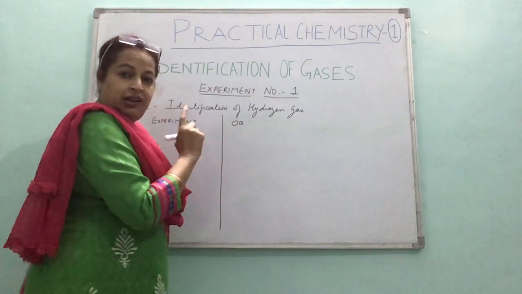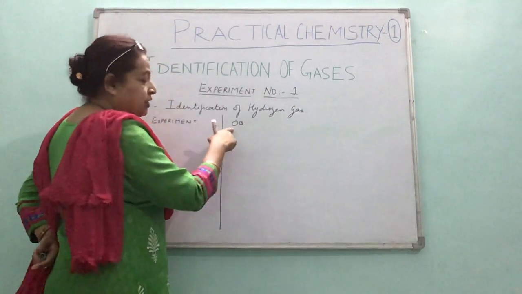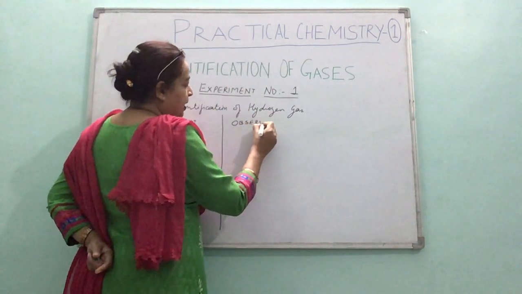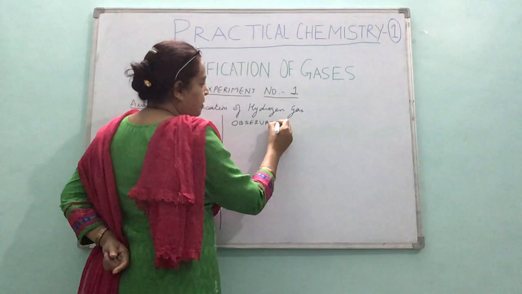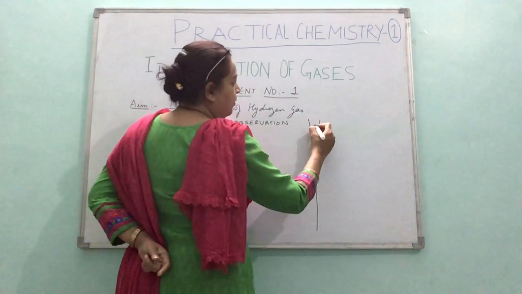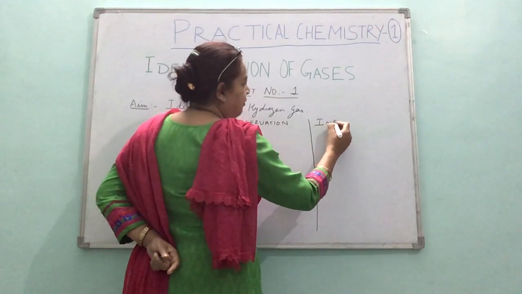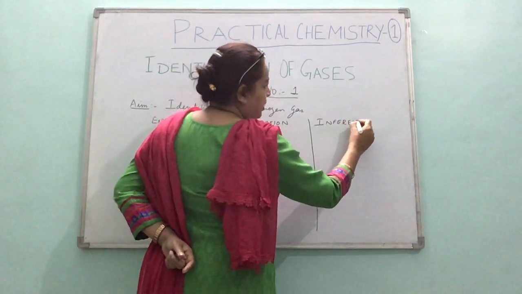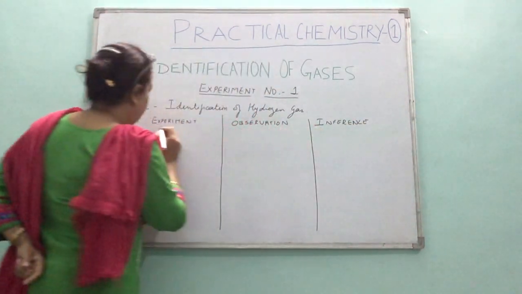I'll stress on this term, that what you will understand by that. And the third heading is Inference or Conclusion. I'll write the word inference, I-N-F-E-R-E-N-C-E. And then you will underline it neatly.